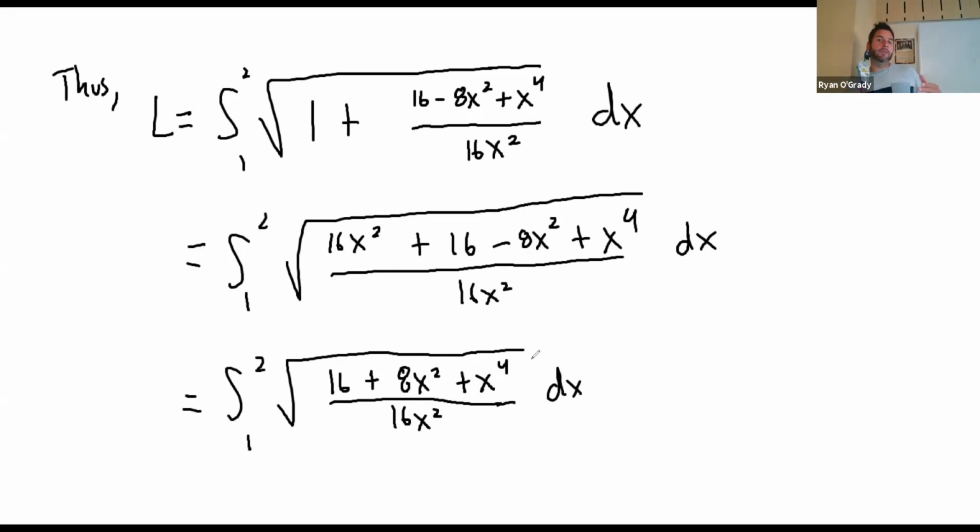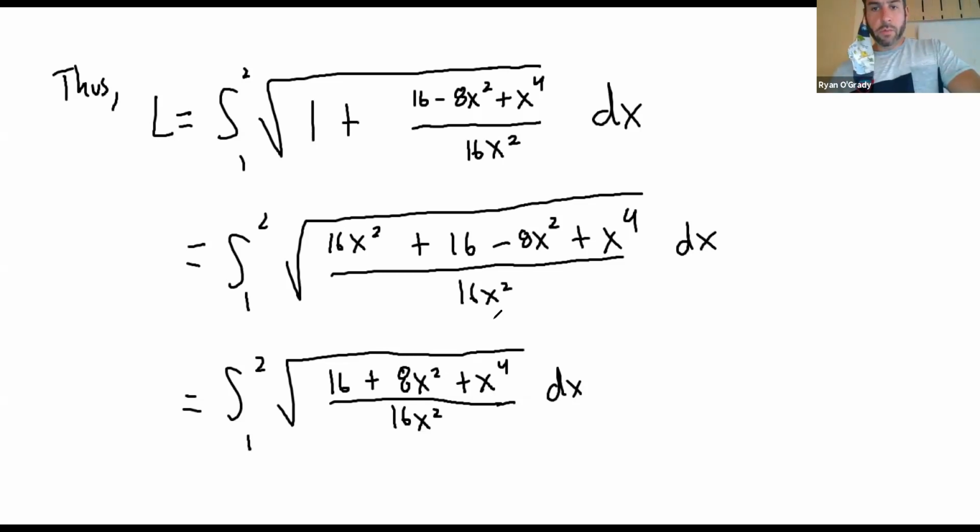All I did from the middle step to the bottom step is take my x squared terms and combine them. I'm allowed to do that. If I have 16 apples and I give you 8 apples, I am left with 8 apples. 16 minus 8 is 8.